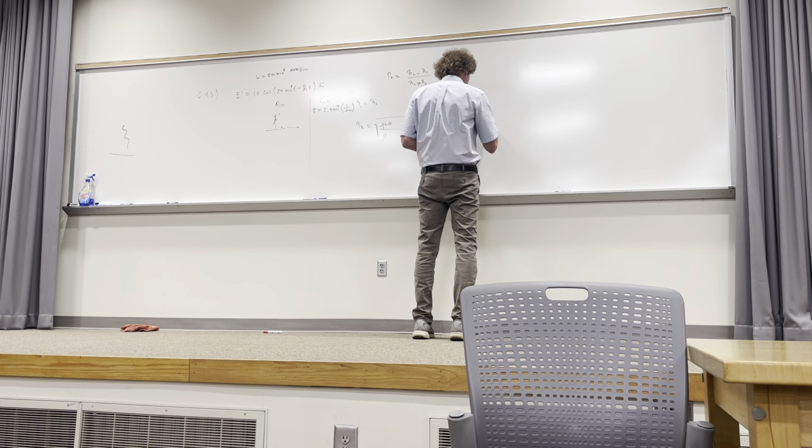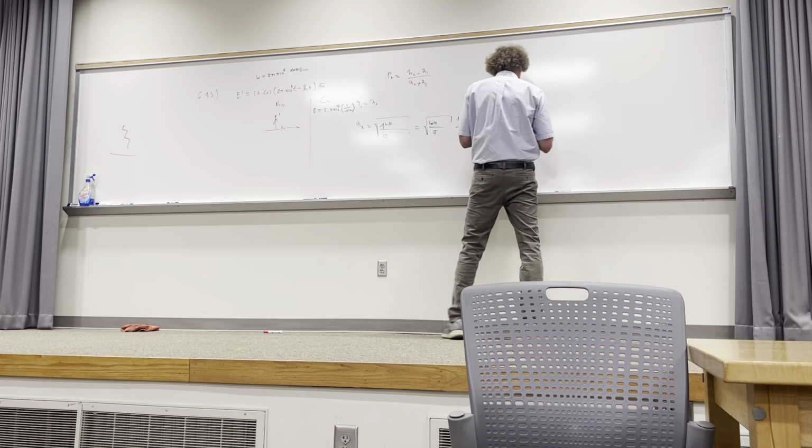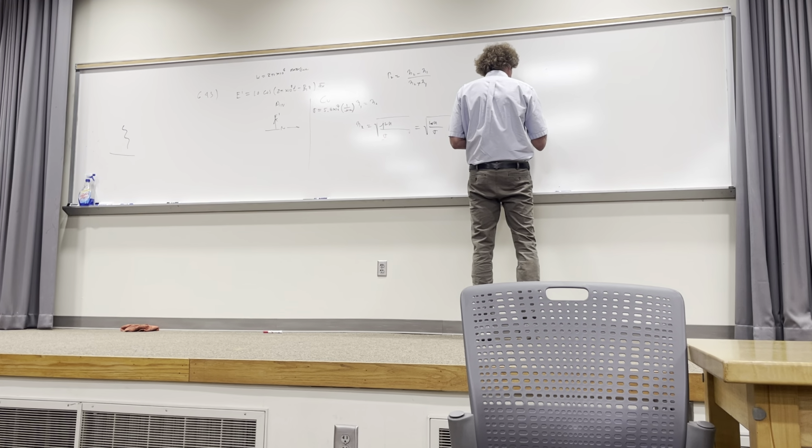It's going to be the square root of 2 pi times 10 to the 8th, times mu naught, which is 4 pi times 10 to the minus 7, over sigma, which is 5.8 times 10 to the 7. So this is, and it's going to be at that angle 45 degrees, e to the j pi over 4.